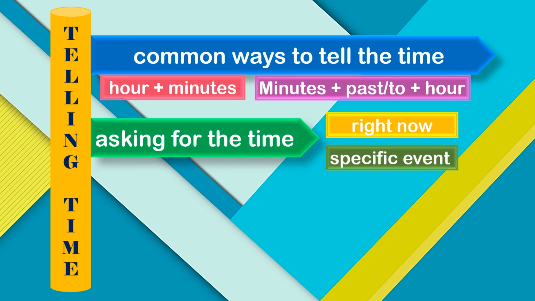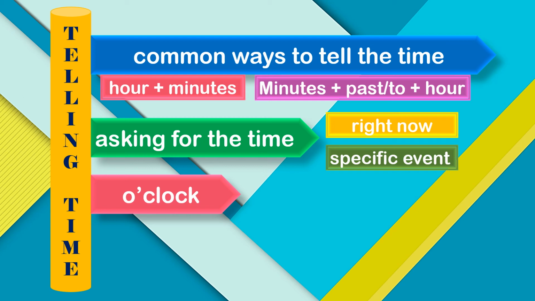If we ask for the time at which a specific event is going to happen, we say, "What time and then the event?" or "When and then the event." Example, "What time does she go to work?" or "When does she go to work?"